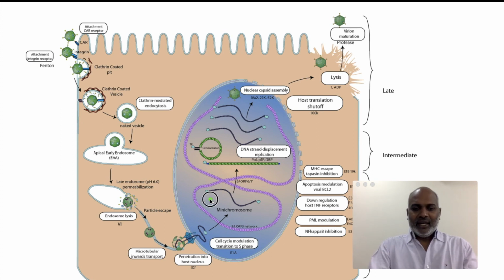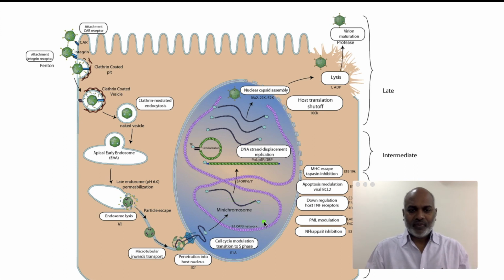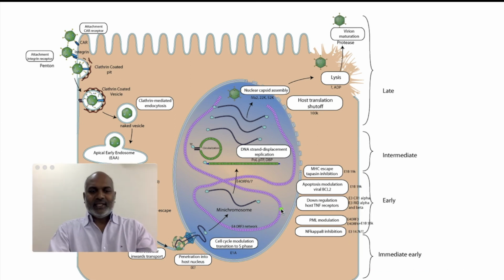That linear double-stranded DNA we can also call a mini chromosome. By using host metabolic enzymes, initially it will undergo transcription. Initially it synthesizes different kinds of protein molecules, which we call immediate gene expression and also early gene expression.